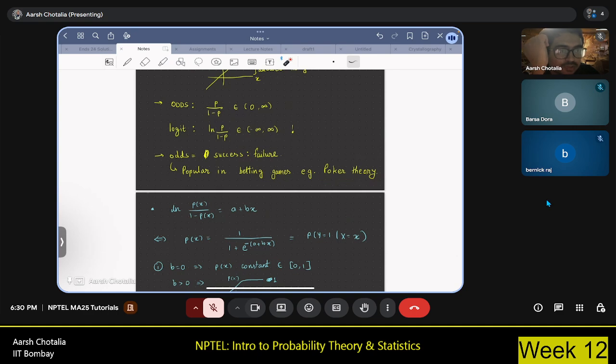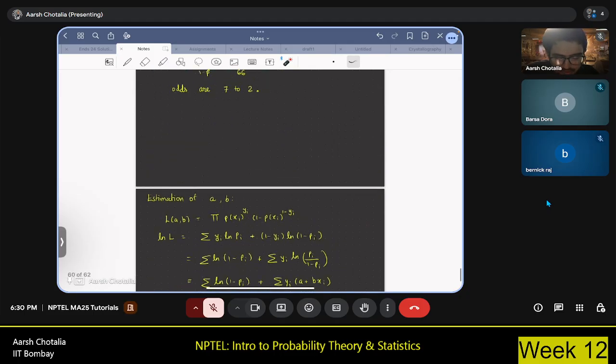Again, what you are trying to do in those games is to maximize your expected return, right? I'm betting 100, how much will I get? So that becomes much easier to calculate if you use odds instead of probability, even though both of them are equivalent. If you know one, you can calculate the other one.